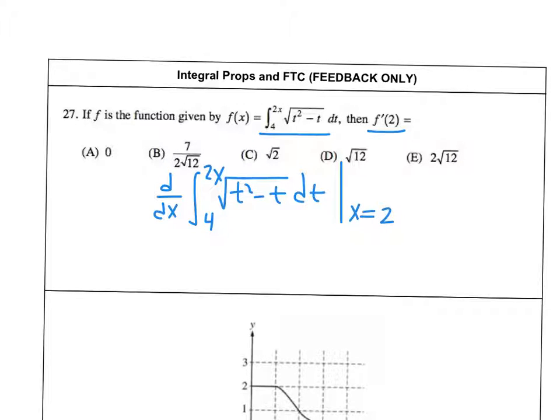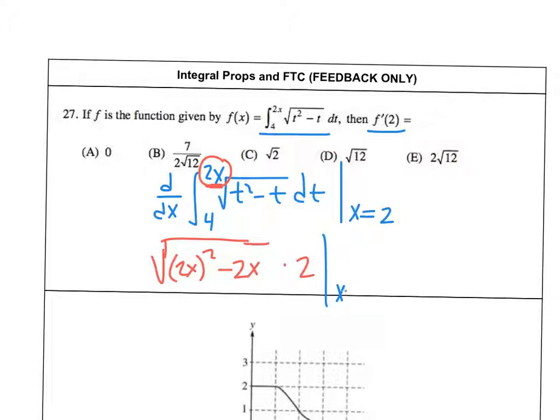So we're going to start with the derivative. We know with FTC that I can take this value and plug it into each of these, so that's going to be the square root of (2x) squared minus 2x. Since the bottom is a number, that's going to be 0 when I take the derivative. And I've got to multiply by the derivative of this, which is just 2.